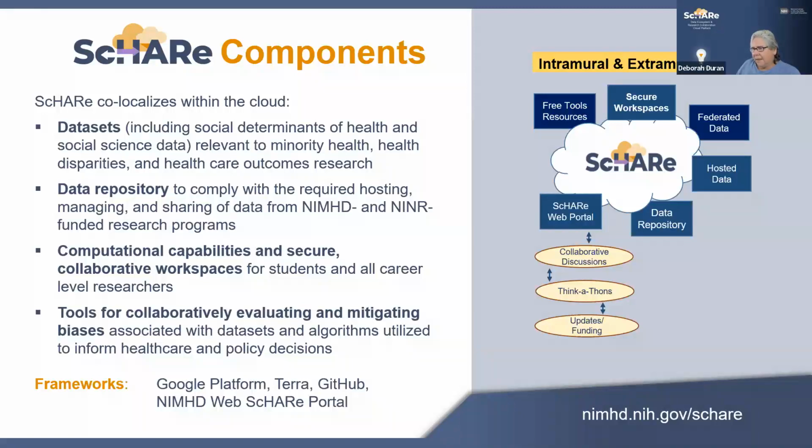We have many tools for developing both algorithms and other types of analytics in order to make healthcare and policy decisions. It is a Google platform with a Terra interface. It is also connected with GitHub, and we have access on the NIMHD webpage to the ScHARe portal itself.